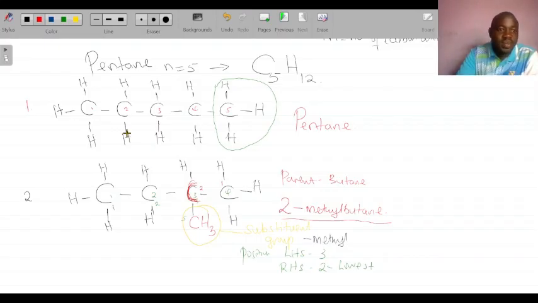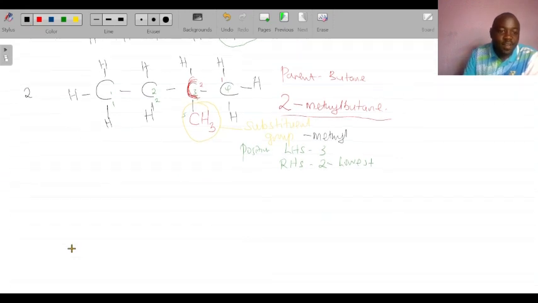We can go ahead and also ask ourselves, from this, is it possible to get a third member? Yes, it is possible. Again, we can shorten the longest continuous chain.